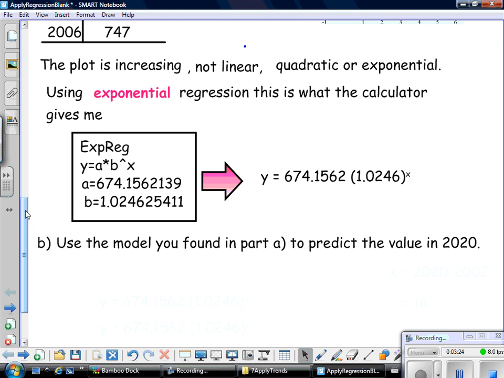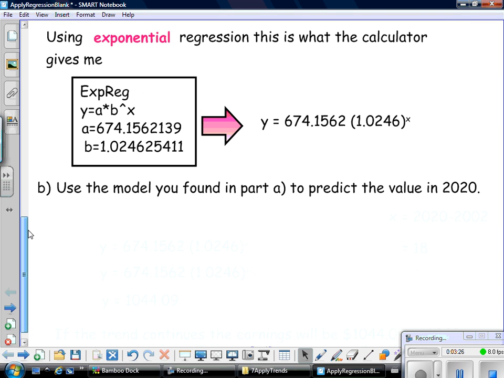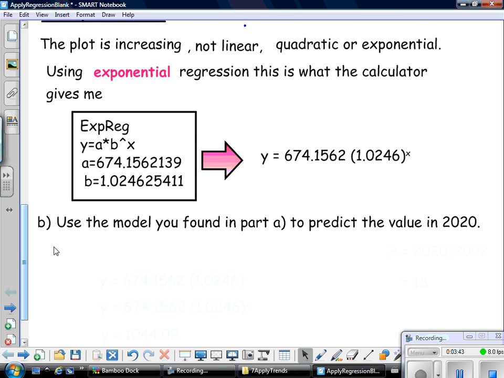Okay, so now the next part of the question asks me, use the model you found in part A to predict the value in 2020. So I want to know, how much would I be making in 2020 if I was the average Canadian? So what I have to do is determine what I'm going to put in for my X value. Okay, so that is my issue. So 2020, I'm looking at my X value.